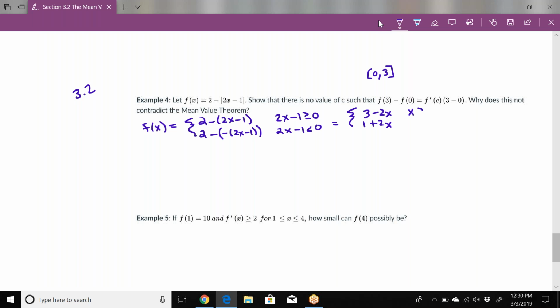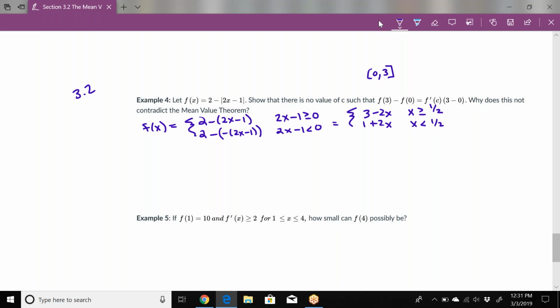So the first is when x is greater than or equal to 1/2, and the second is when x is less than 1/2. That just clarifies the function a little bit more, instead of having all of these disjointed pieces. So this is what we graph if x is greater than or equal to a half, and this is what we would graph if it were less than a half.